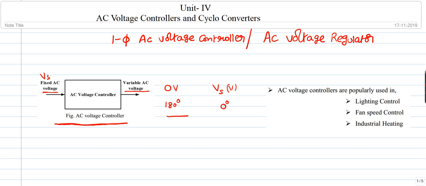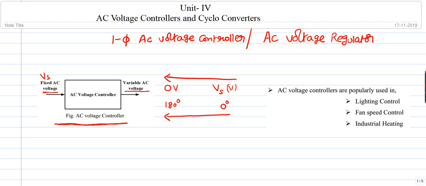By changing the firing angle from 0 to 180 degrees, we can control the voltage from Vs to 0. Alright, so the AC voltage controller is much simpler compared to the transformer, and the size of the AC voltage controller is much smaller compared to the bulky transformer.